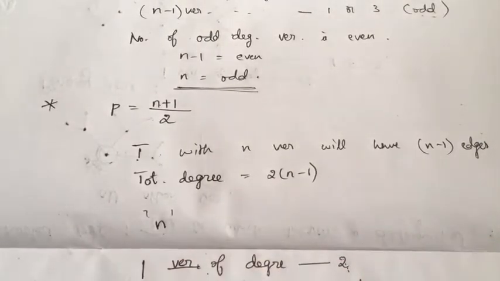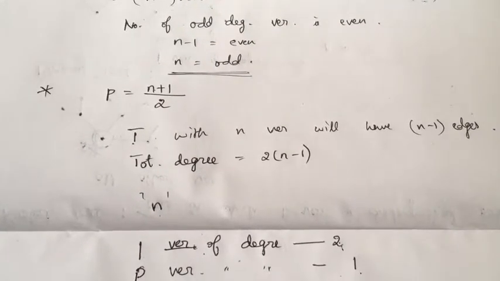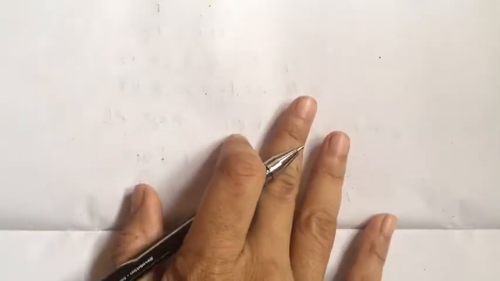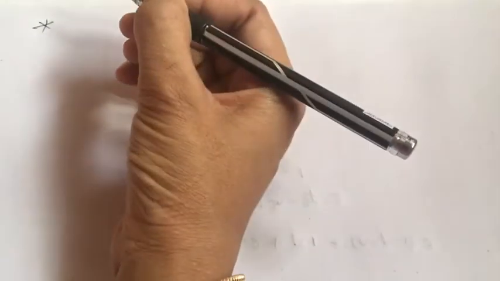One more thing: vertices which are not pendant vertices are called internal vertices. If any vertex is not a pendant vertex, then it is called an internal vertex of a tree. So how many internal vertices can there be in the binary tree, or in a tree in fact?